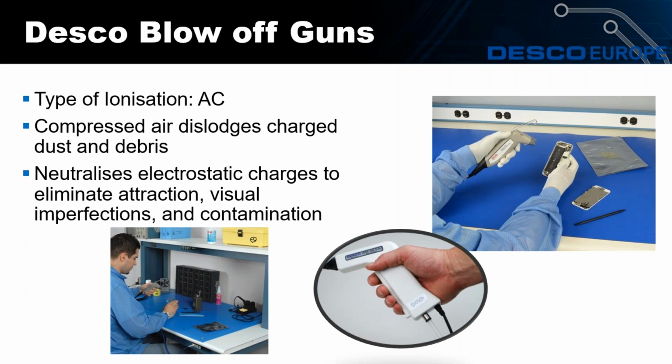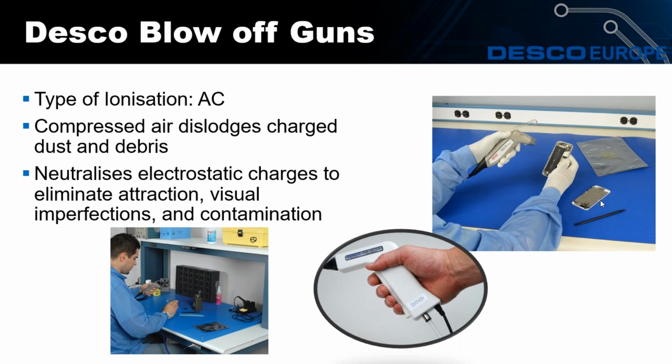As you can see in the graphic on the right hand side, these are very much used for dislodging dust and debris, and at the same time they neutralize the electrostatic charge to prevent further dust and debris attraction onto the surface.